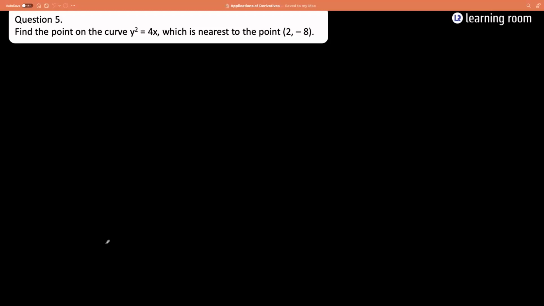So y square is equal to 4x represents a rightward parabola. There is a point 2 comma minus 8 which is lying in the fourth quadrant. So we need to find a point on this curve such that the distance between the point on this curve and the given point should be least.